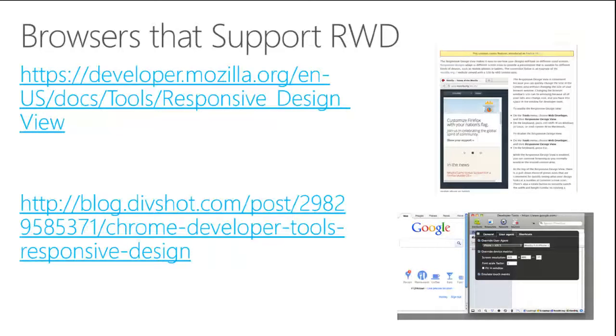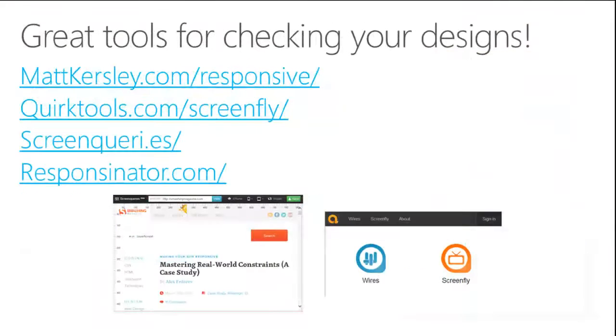There's also a number of things you can utilize to check your responsive sites. So I've created my site and I need to run it through some validation. There are several tools out there that are really great to do that. So there's lots of ways to develop this, to design it, and then to implement it as well.